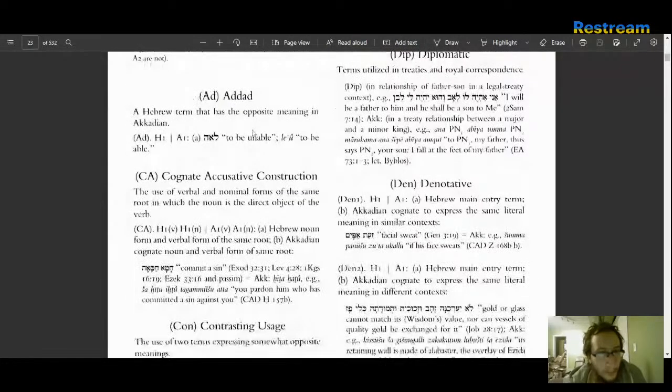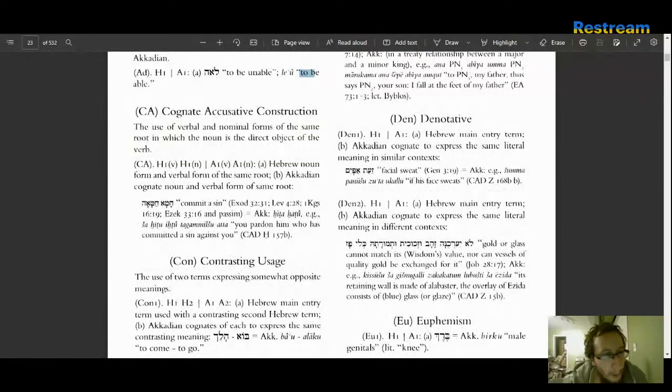So a Hebrew term that has the opposite meaning in Akkadian, it's going to say AD. I believe it should be saying AD. So for example, however you say this, laka, to be unable, but in Akkadian it means to be able.